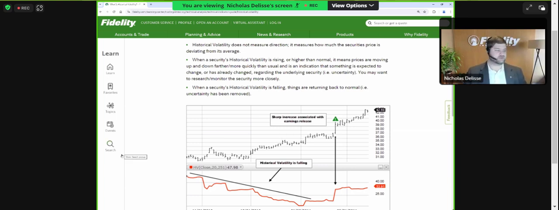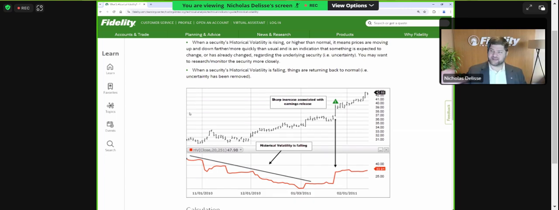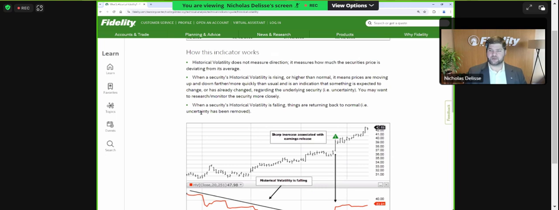Well, then it'll convert that to an annual number, which might be closer to 16 or 18%. And then it gets kind of converted back and forth, so to speak, from that usability standpoint.